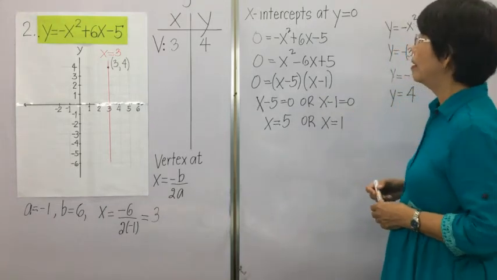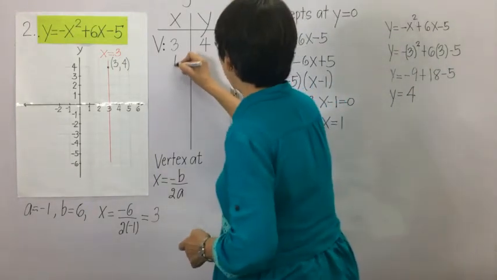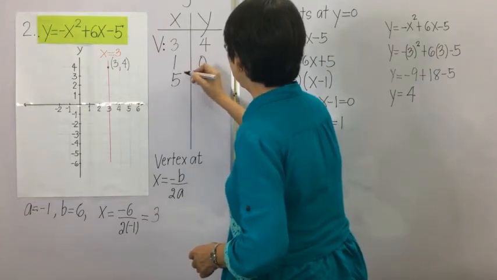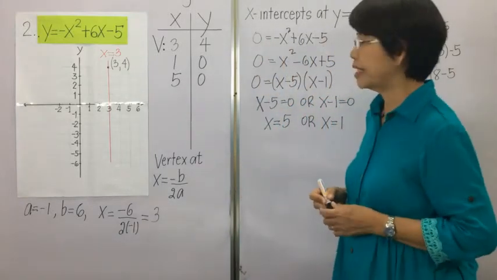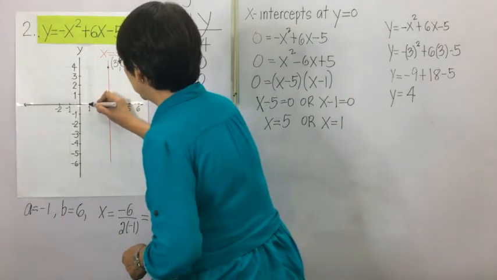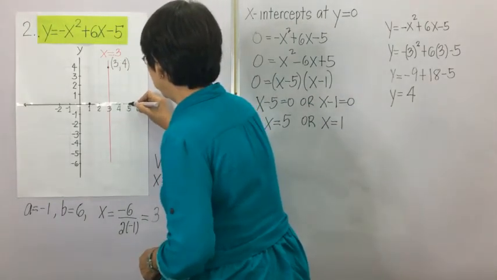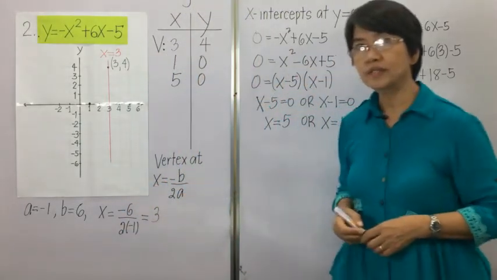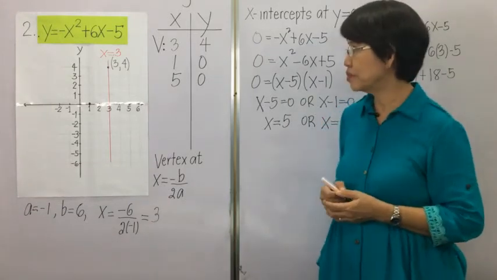So our x-intercepts are at 1, 0, and 5, 0. And we can locate that. So 1, 0 is here, and 5, 0 is here. Okay. Then we can find some other points to make the graph smooth.